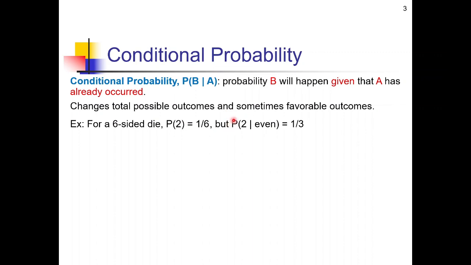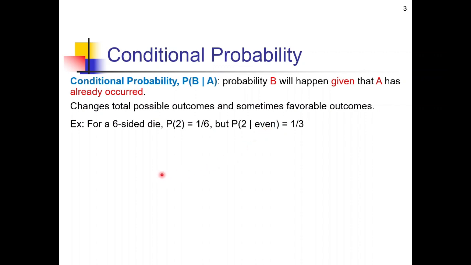If we only consider even numbers and don't count anything that rolls an odd, there are only 3 even numbers to consider, and 2 is one of them, so that changes our probability to 1 out of 3. We're changing our total possible outcomes to just the even numbers.